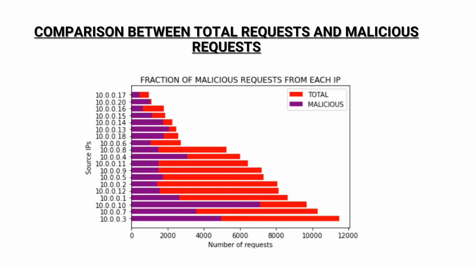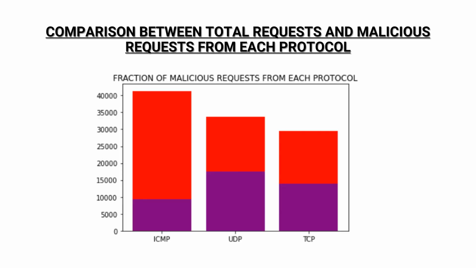We can infer that the 10.0.0.10 IP is sending the highest number of malicious requests. Then we perform the same comparison for malicious requests coming from each protocol and plot the graph. We can see that the UDP protocol has the highest number of malicious requests.